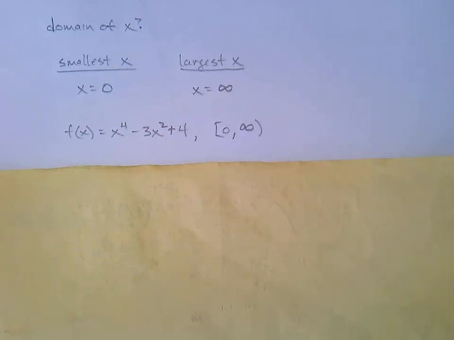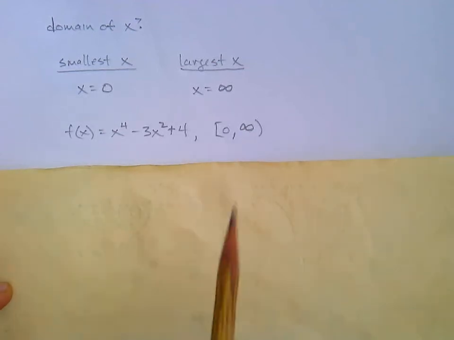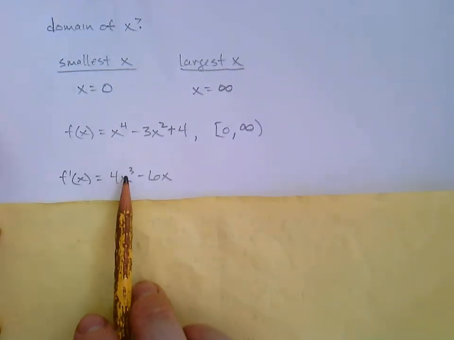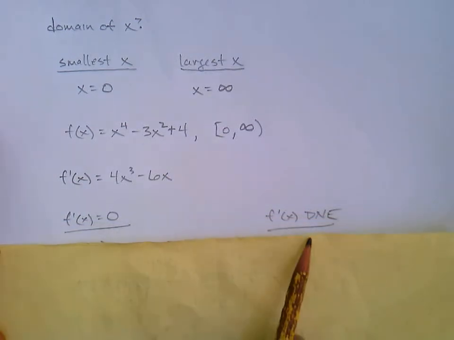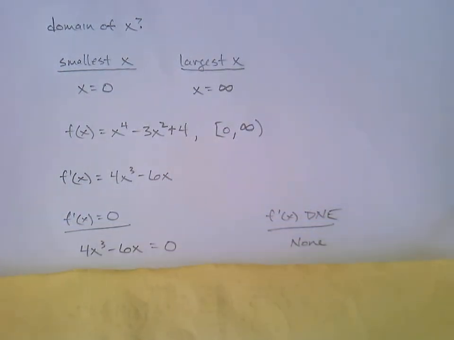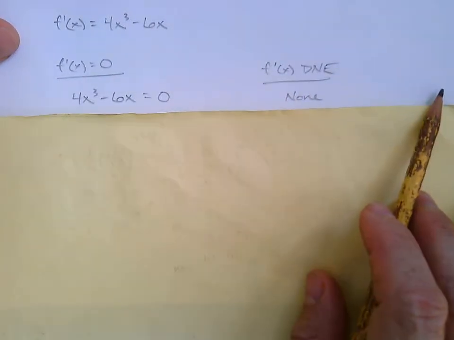Okay, let's move forward. We've got our function we're trying to minimize. We've got our interval. Now it's time to find the absolute min. Take a derivative. All right. We'll set it equal to 0. We'll consider if it does not exist. Well, the answer here is again none.